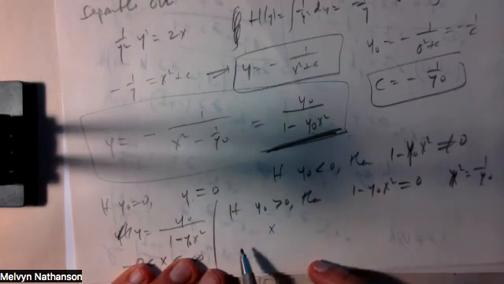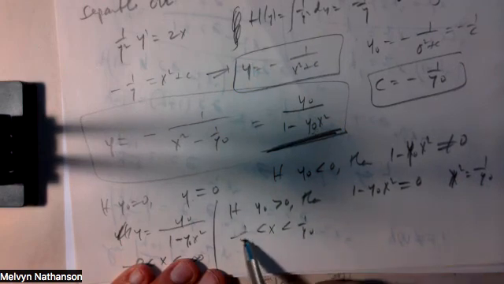So x can't be equal to plus or minus 1 over square root of y naught. So this solution is valid around x equals 0 for x between plus 1 over y naught and minus 1 over y naught. Oops, sorry, square root.